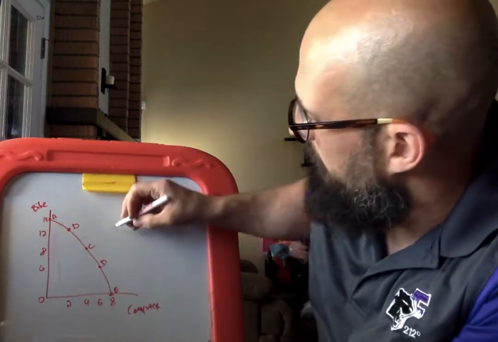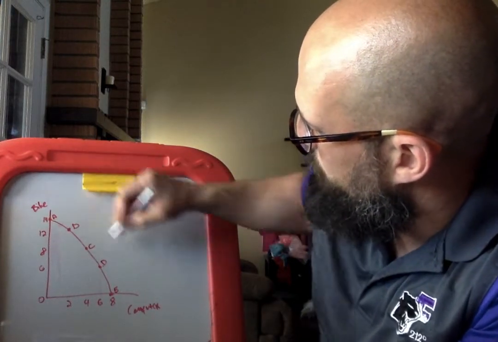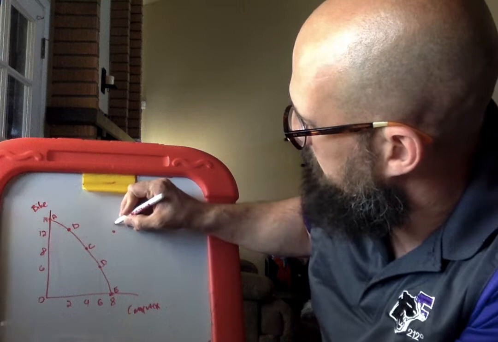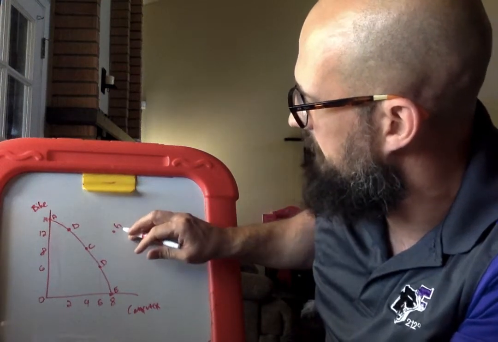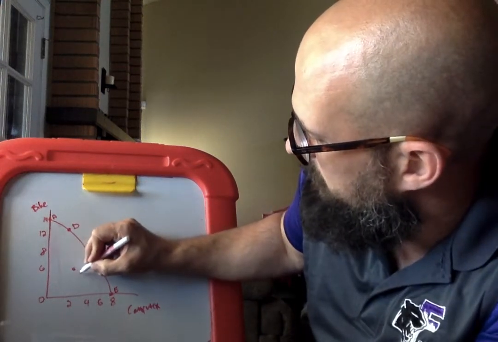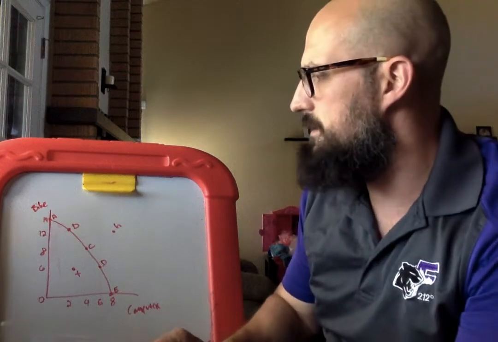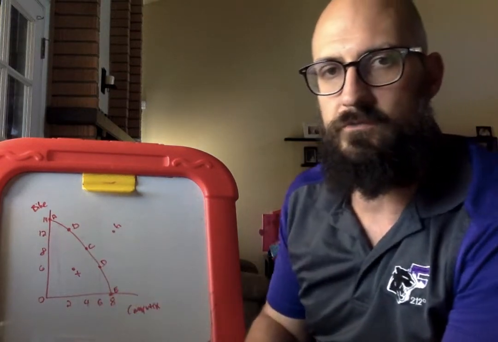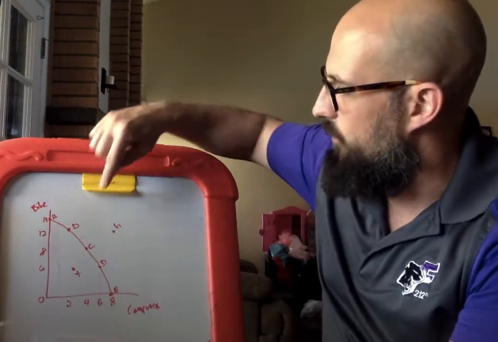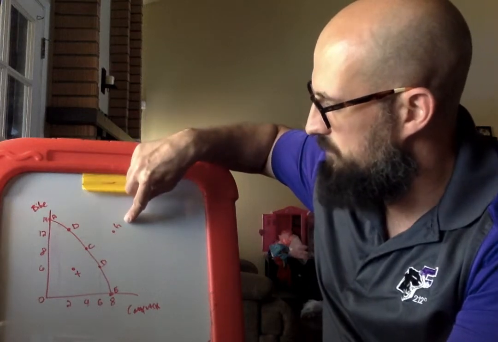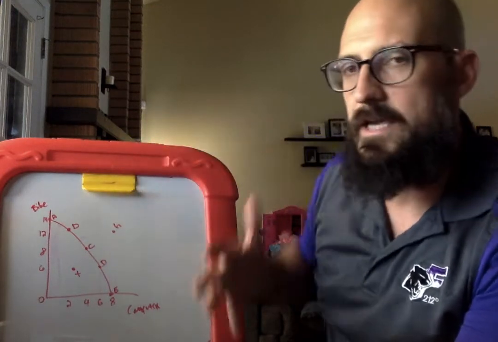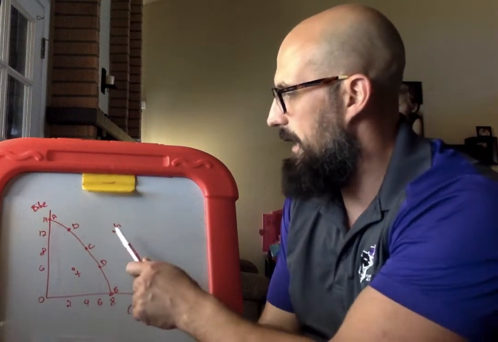Outside of the graph, you cannot produce anywhere. Let's say we have a point G here. This is unobtainable. Point X represents unemployment, or inefficient use of resources. Why can we not get to point G? Because we don't have enough parts.